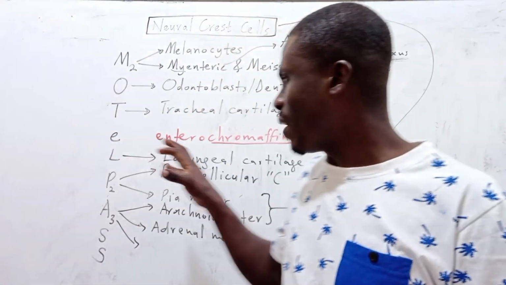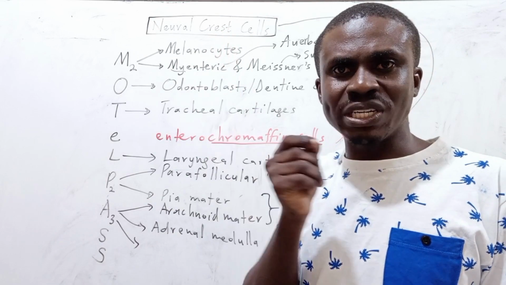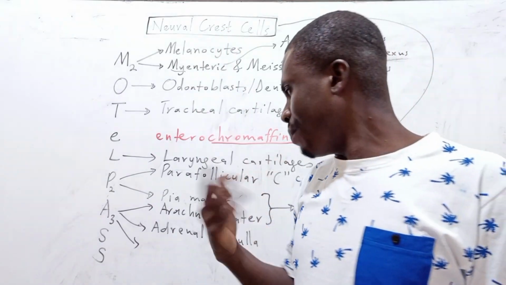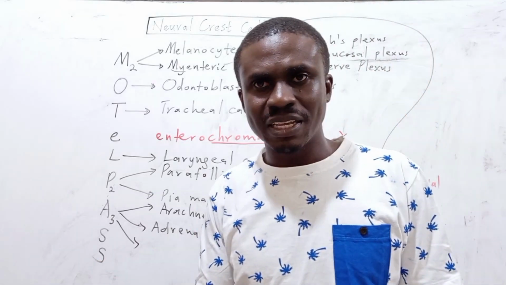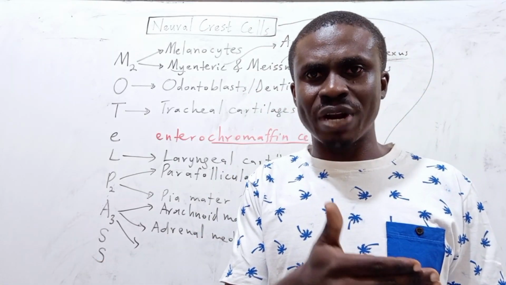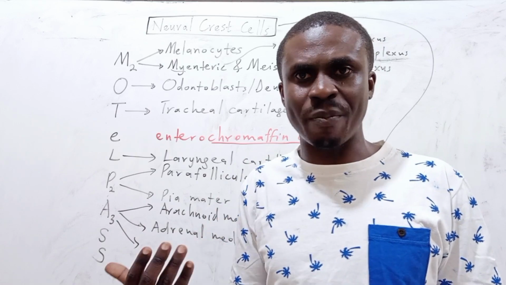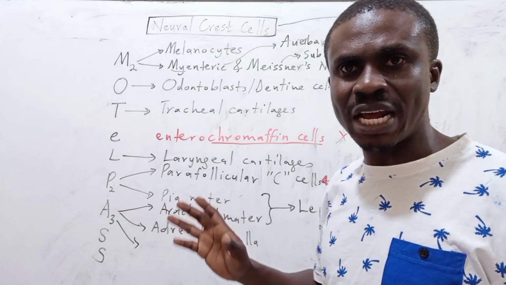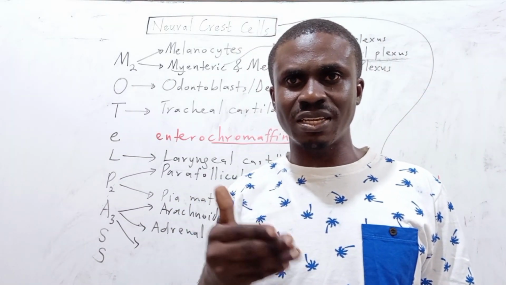One of them, the medulla, is coming from the neural crest cells, but the cortex is not. That is why the medulla will be making catecholamines: adrenaline or epinephrine, noradrenaline or norepinephrine, and dopamine, mediating the system of 3 F's: fight, flight, and flee.